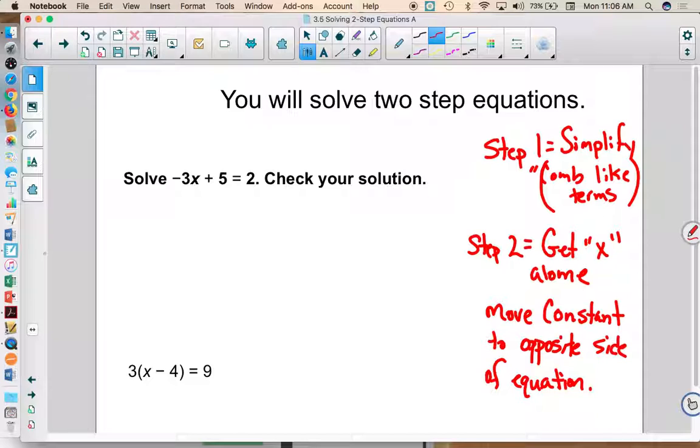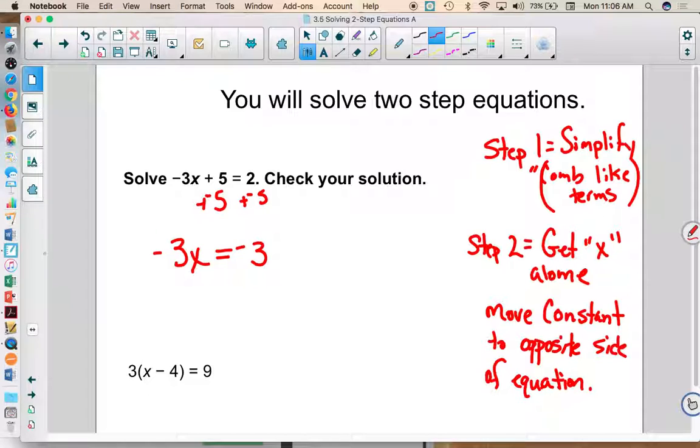You want to subtract or add negative 5. Okay. So I'm adding a negative 5 to both sides, which is creating that 0 pair. And I have 3x equals negative 3. Do we agree? It's negative 3x.